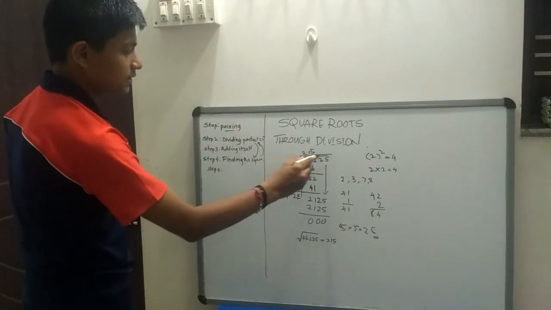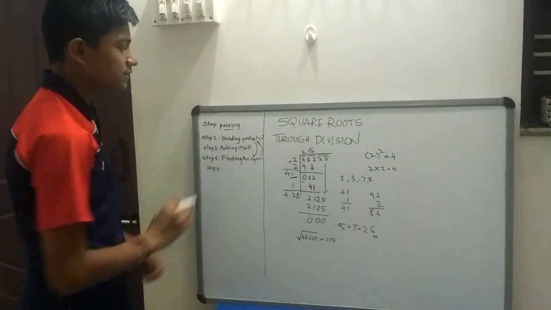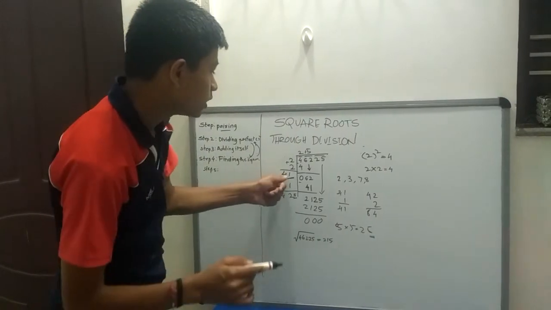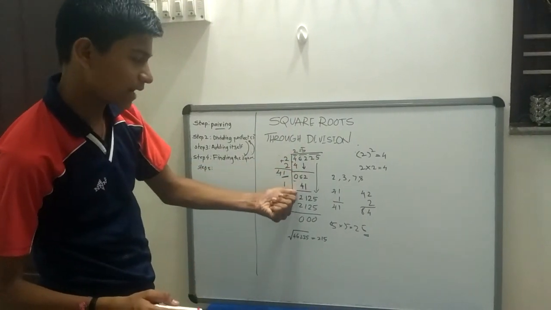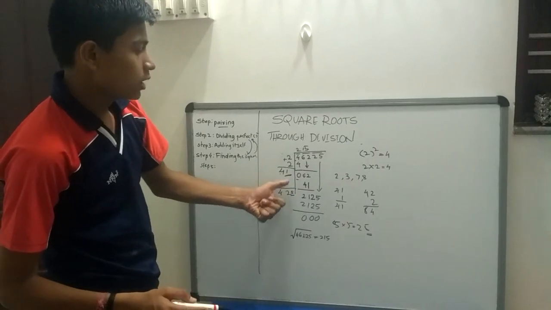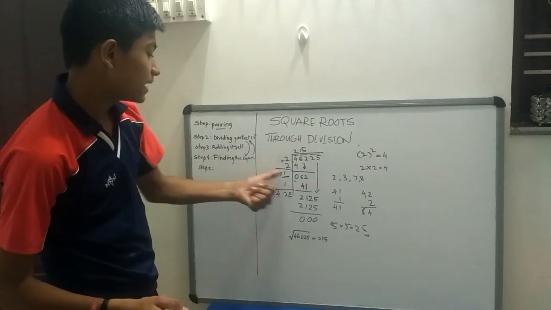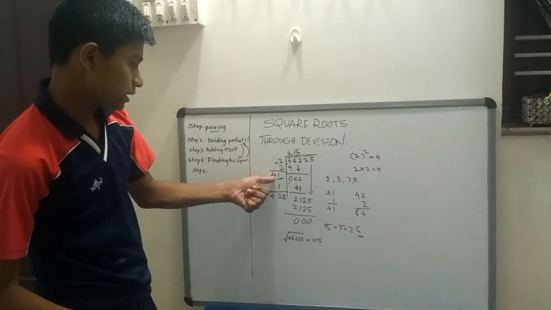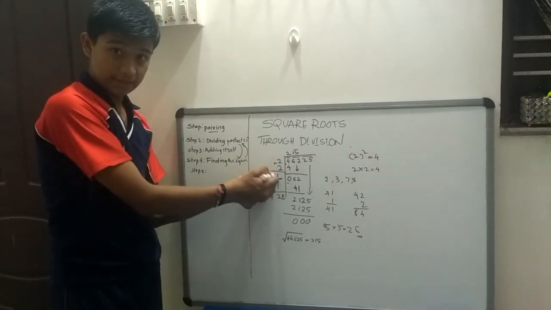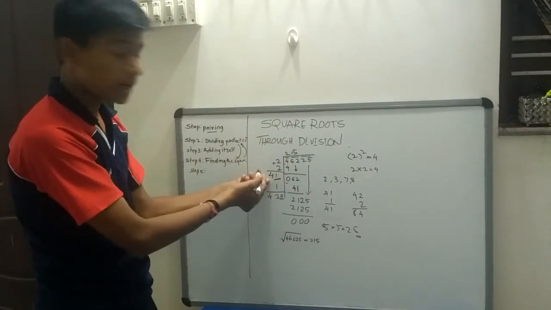Once again we'll go through the steps. The first step is pairing. The second step is dividing with the perfect square. You have got it: 2 twos are 4. We'll subtract it. The third step is adding itself. We will add it and get another number, and leave some space on the right hand side.